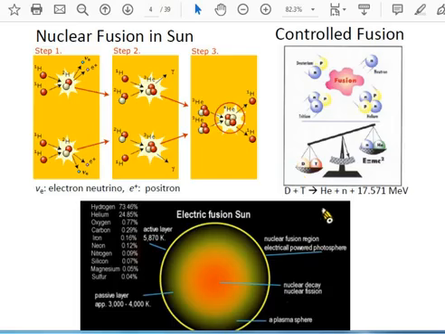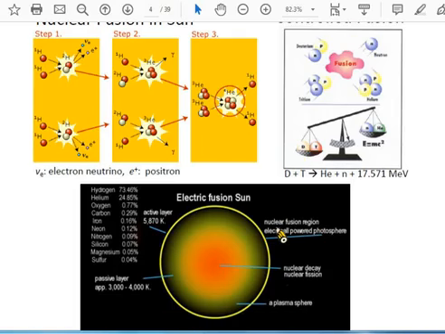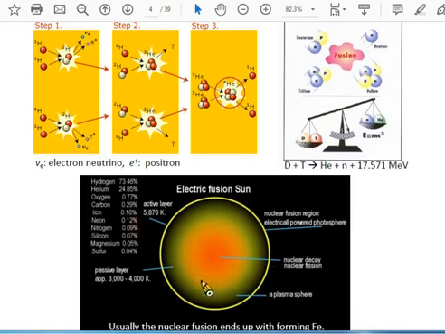So this energy keeps the sun looking like it is burning for billions of years. And the energy can also heat up the gases to form a plasma state near the surface, or surrounding the surface, of the sun.